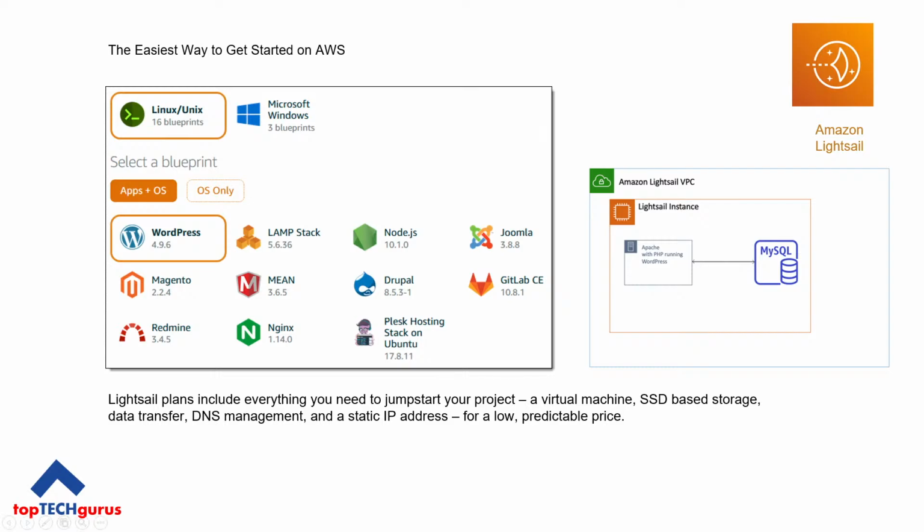That means it'll put in the Apache, the PHP, the WordPress, the MySQL. It'll set up the VPC. It'll do everything for you. It'll create a static IP address. It'll take care of storage. It'll also take care of data transfer and domain name service management. So all that is included by using Lightsail, which is pretty simple to start with.